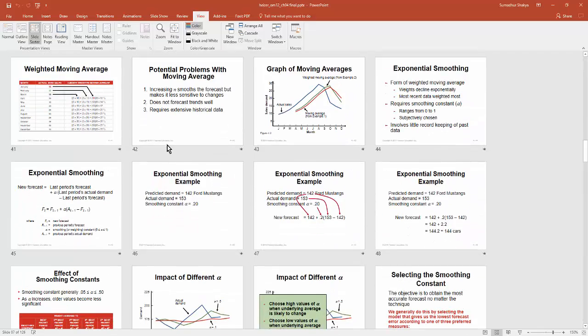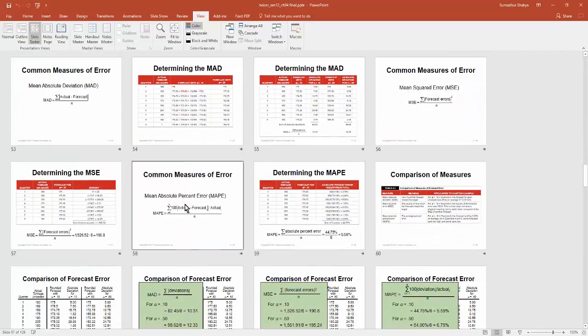We're going to go through multiple formats in the examples one by one. Before we progress, there are three measures: mean absolute deviation, mean squared error, and mean absolute percentage error.